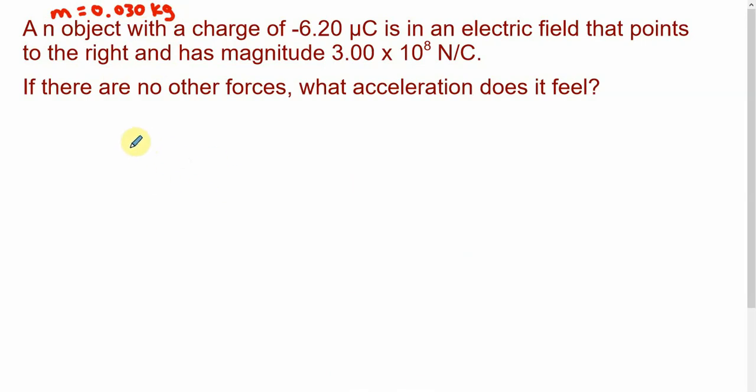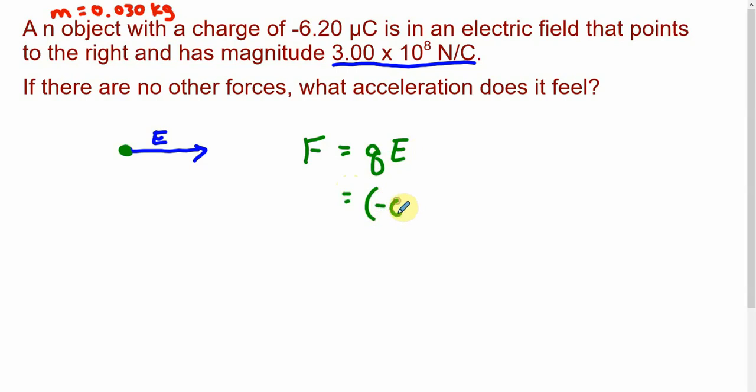Okay, let's see what happens. So we have, at this particular point where the object is, the electric field points to the right. And there's its magnitude. All right, so our object is right here. And since it has charge, it will feel the electric field at its location as a force. And it will be Q times E. So its Q, its charge, is -6.20 times 10⁻⁶ coulombs.